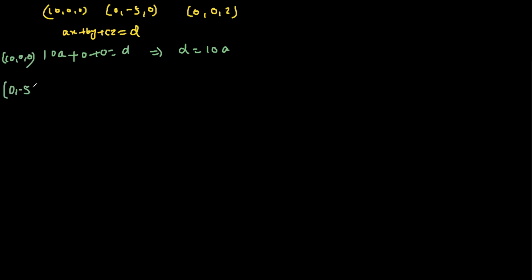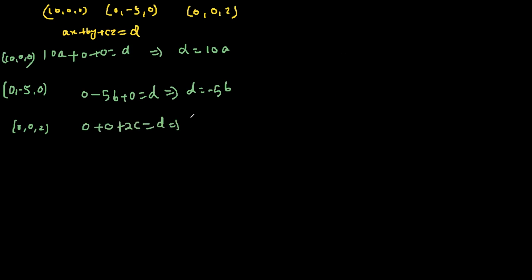This is at 0, minus 5, 0. Put the value of a, b, c here, right? So a is what? D over 10. B is what?